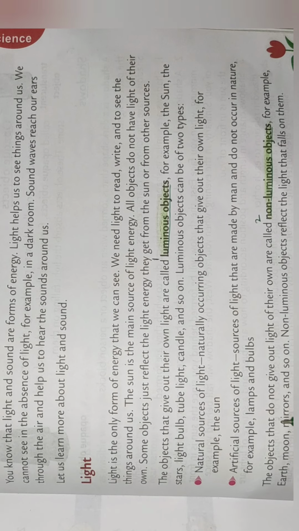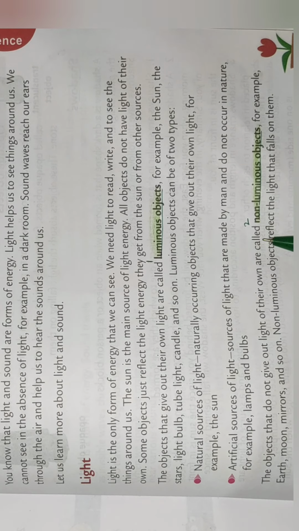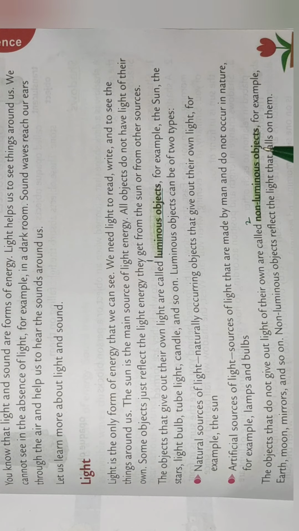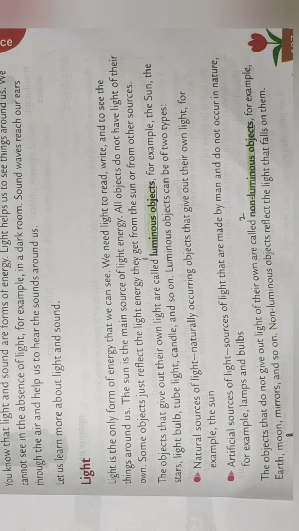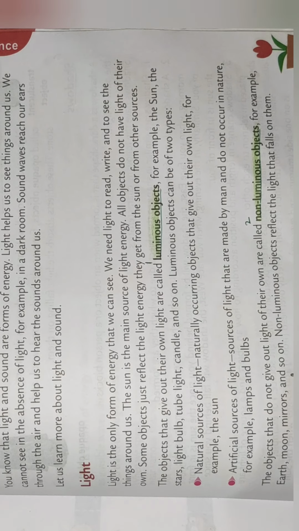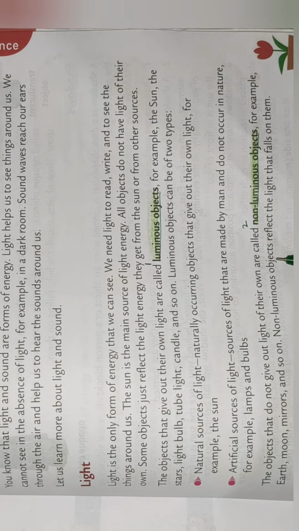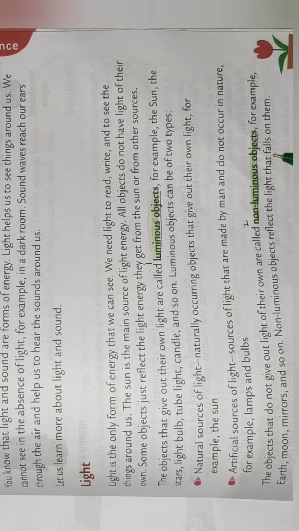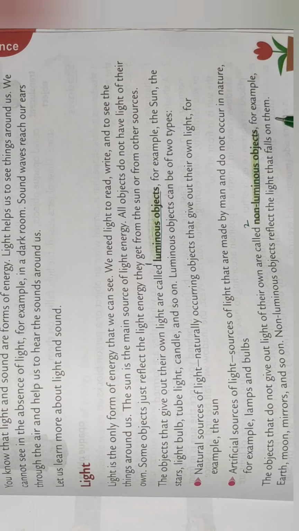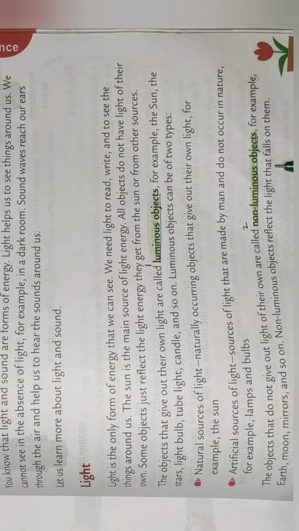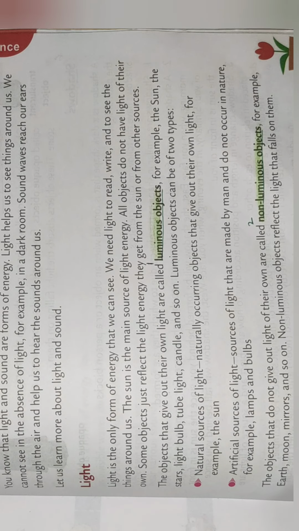The objects that do not give out light of their own are called non-luminous objects. For example, earth, moon, mirrors, and so on. Non-luminous objects reflect the light that falls on them. So from here we learn that non-luminous objects are those that do not give out light by themselves.